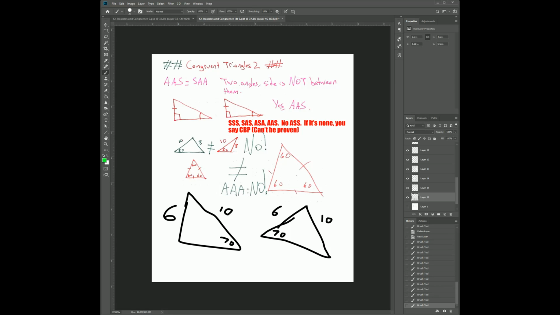Let's use green this time. Is it true that there's a 6 and a 6 here? Yeah, okay. So that's a side. And this one was a 10 as well, so that's also a side.